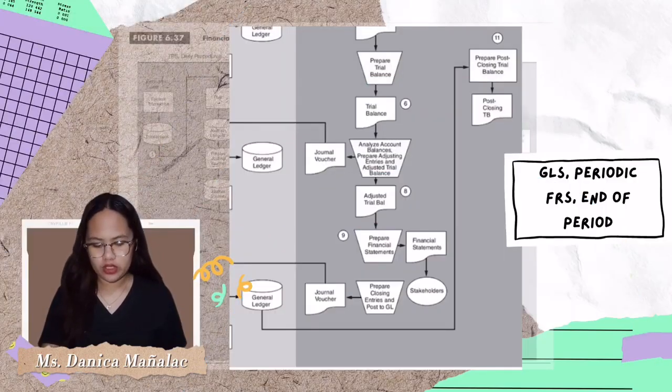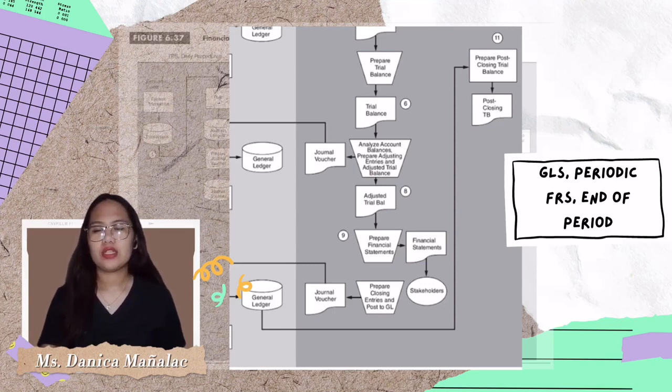The last step is to prepare and create post-trial balance. So, your balance in this statement or in this process will be based on your general ledger balances. So, take note that in this step, ang meron ka na lang is your real accounts.